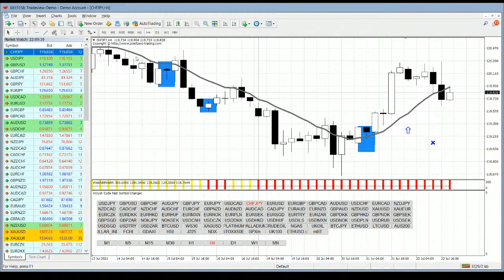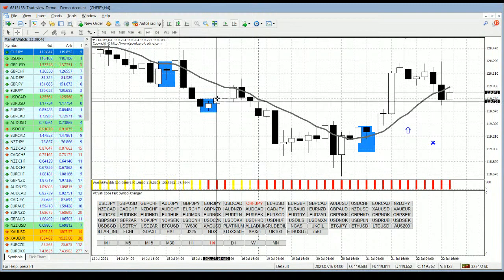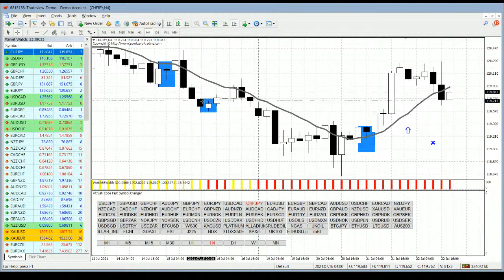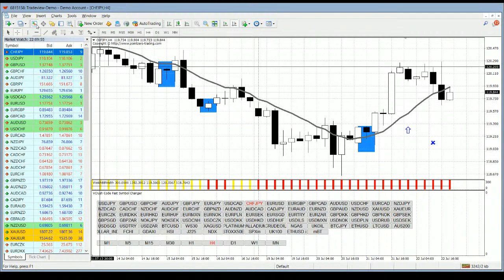I'm going to take my crosshair. I want to see when the price crosses. See here, the mother bar was broken here, right? Let me put a line. It's broken here.